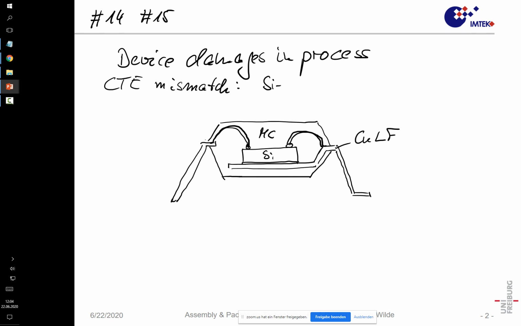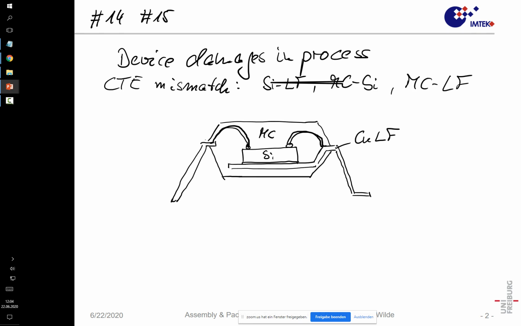So we have silicon and lead frame, with which other mismatch do we have? So we have also the package, the molding, and also the silicon. So the molding compound against the silicon, and what else? What is the third? The lead frame.